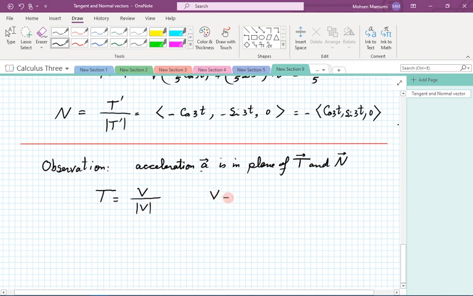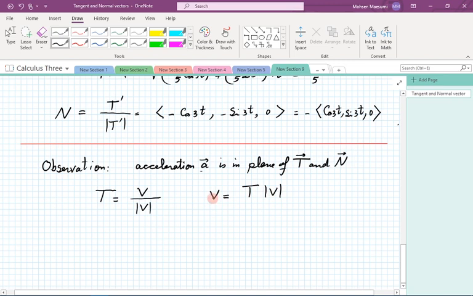I can get velocity is equal to my tangent vector times speed. Physically, this is very understandable. Mathematically, it looks cryptic. This is my velocity, this is the direction I'm traveling, and this is my speed. Speed times direction is just the same as velocity.